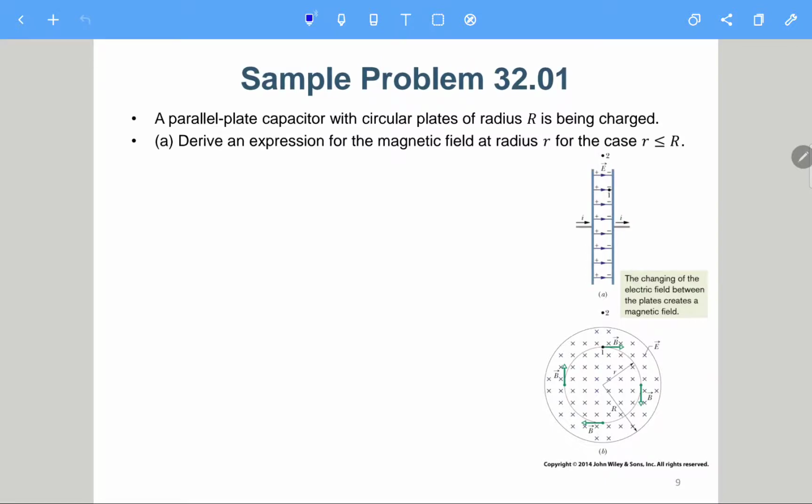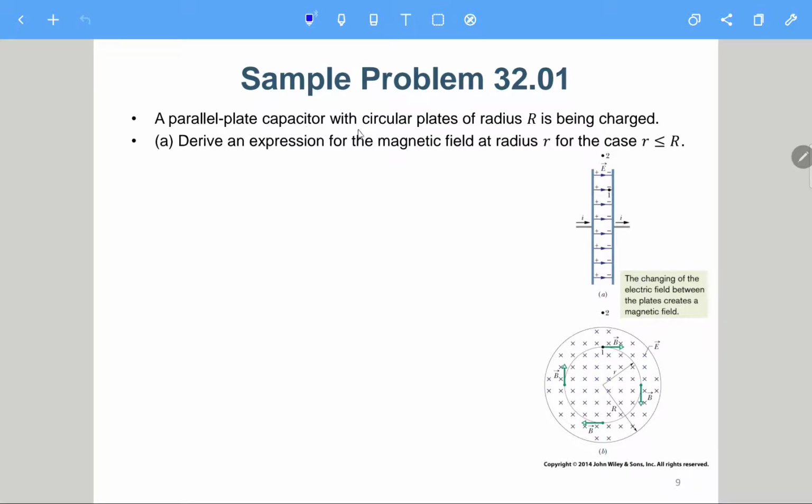So let's see an example. Okay, here we still have the same figure. We have a circular capacitor, and so we have the changing E field.